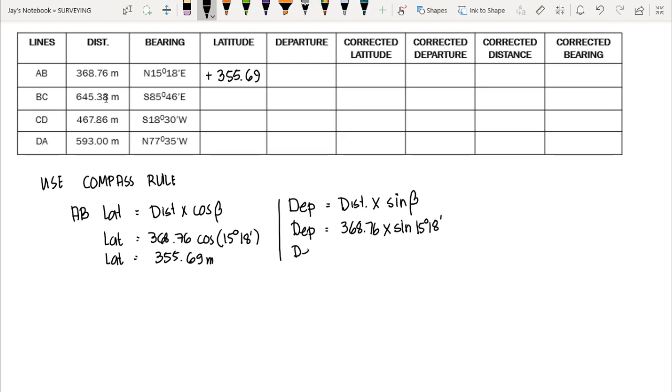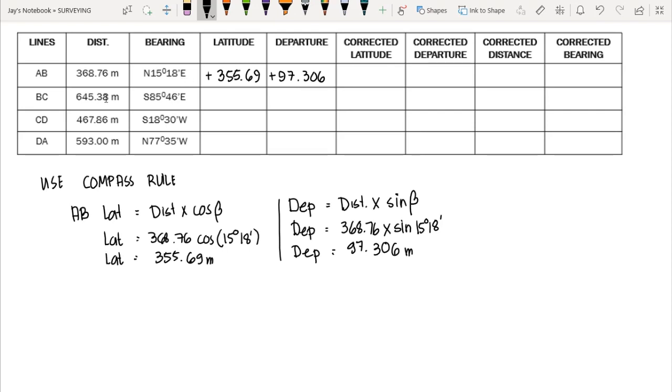The value of our departure here is 97.306 meters. Now take note, the direction of our line AB is northeast, so the direction of our traverse is along the east side. Therefore our departure here is positive. If it is west, then that is a negative departure. Now we are done with AB.